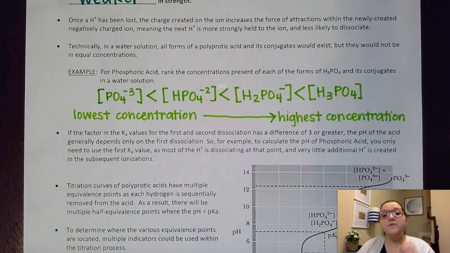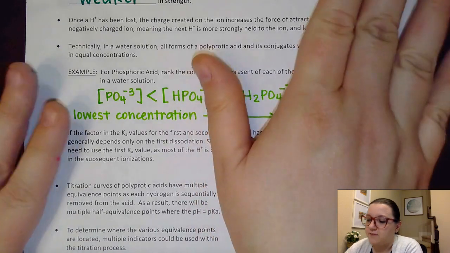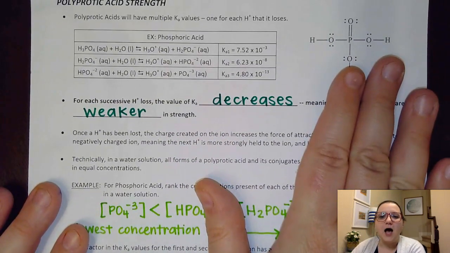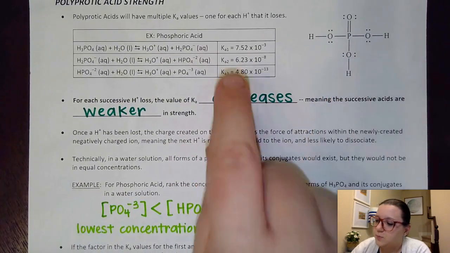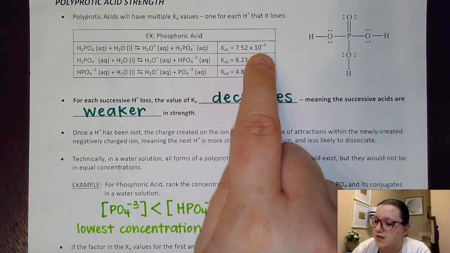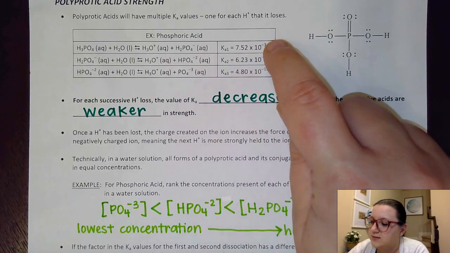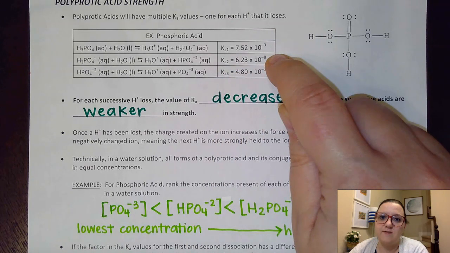Now, if the Ka values between the first, second, and even the third dissociation differ by a factor of 3 or greater, that means the pH of the acid really only depends on the first dissociation. If I come back up here, I notice that the difference between this first Ka and the second Ka is negative 3 to negative 8.